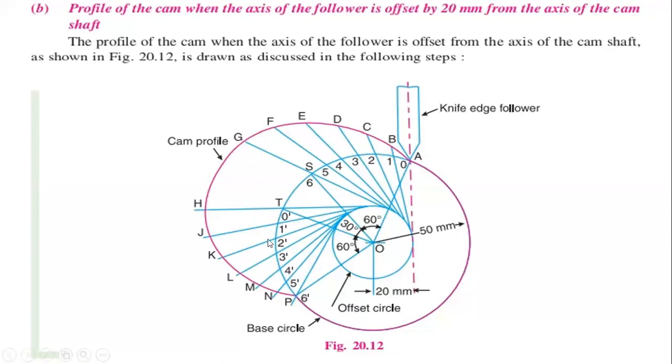Then draw the return stroke also with the same procedure. It is having a 60 degrees position, and divide the same into 6 equal parts. But the lines have been taken from this small circle, that is the offset circle.